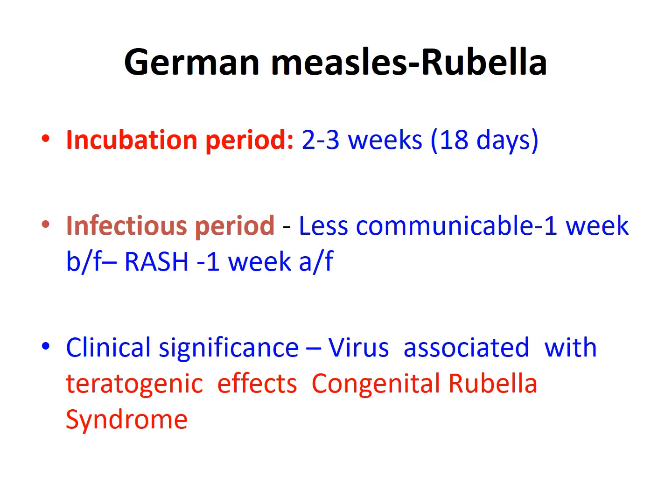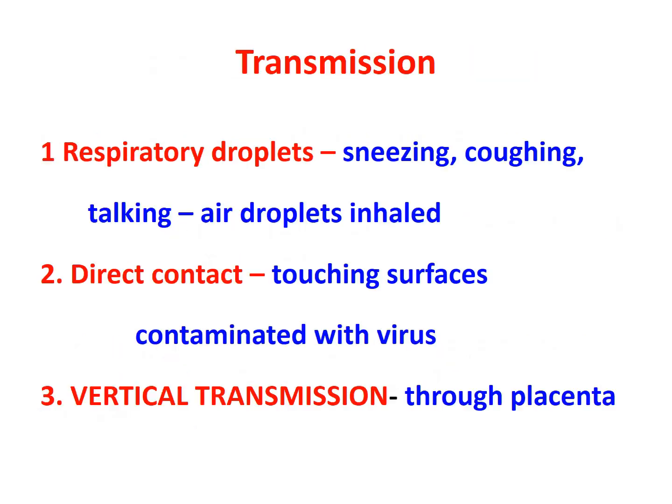But it has clinical significance because this virus is associated with teratogenic effects leading to congenital rubella syndrome. So if a pregnant lady is infected with rubella, there is a high chance that the baby will be born with multiple congenital defects. That is known as congenital rubella syndrome.